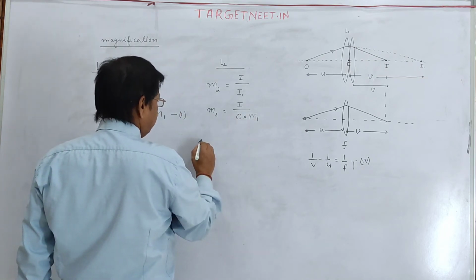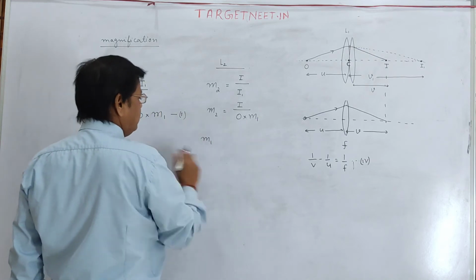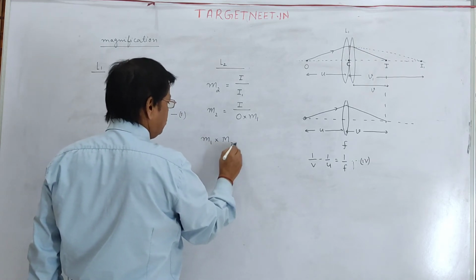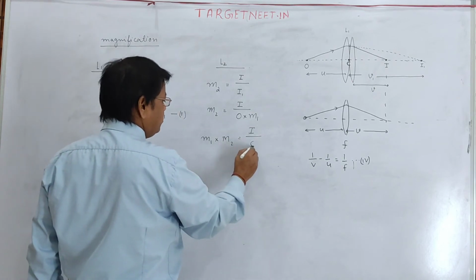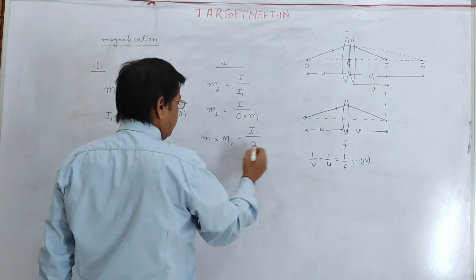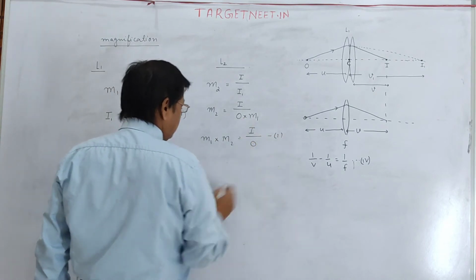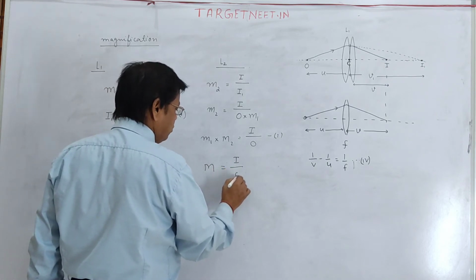So if I write it like this, I'm moving M1 on this side. M1 into M2 is final size of final image upon size of object. This is total magnification. Total magnification is size of final image upon size of object.